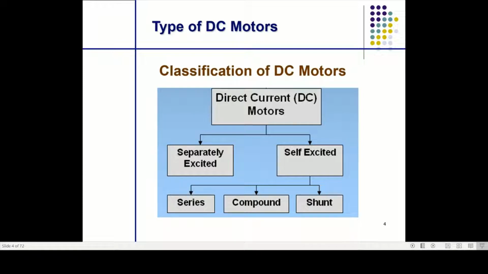Mainly, there are two types of DC motor. First one is separately excited DC motor and self-excited DC motor. And then the self-excited motors are further classified as shunt DC motor, compound DC motor, and series DC motor.